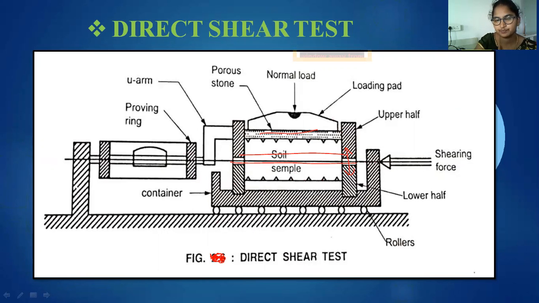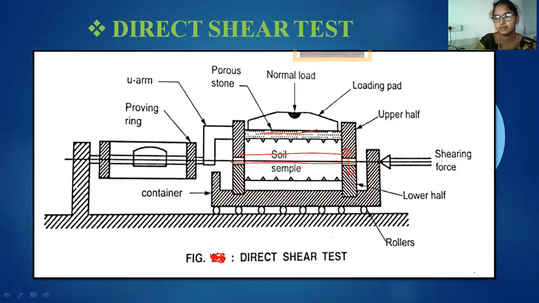Shear failure, loading platform. On top we can insert porous stones, and a proving ring dial gauge, from which we can note down the readings of how much shear will occur and the shearing force. The force will be applied in this way so that failure will occur in a horizontal direction.